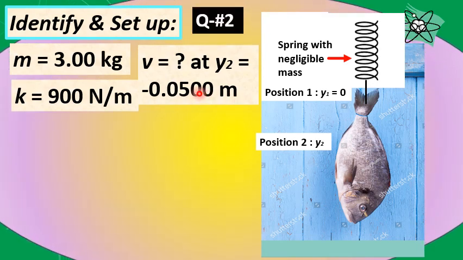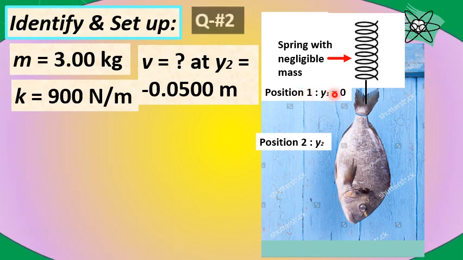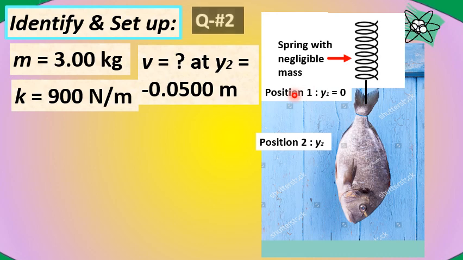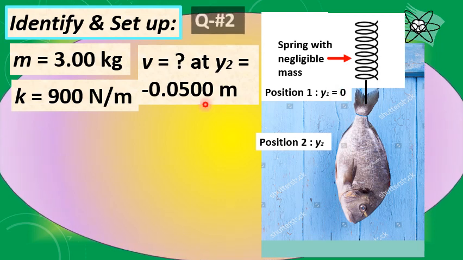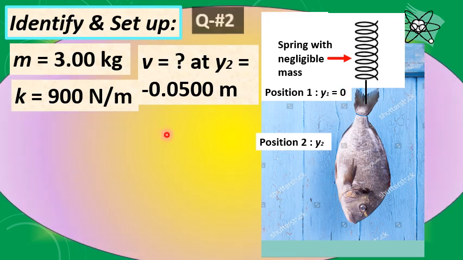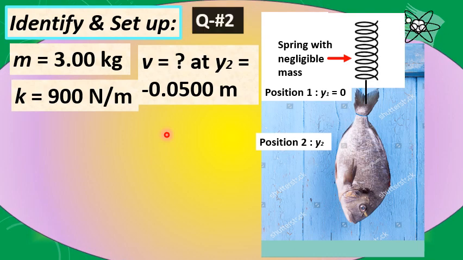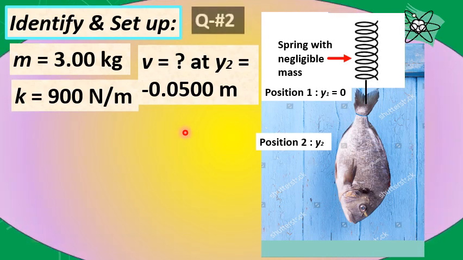This is negative because relative to the chosen reference level, which is position 1, y sub 1 is assumed to be equal to 0. Take note that the fish is released from rest.